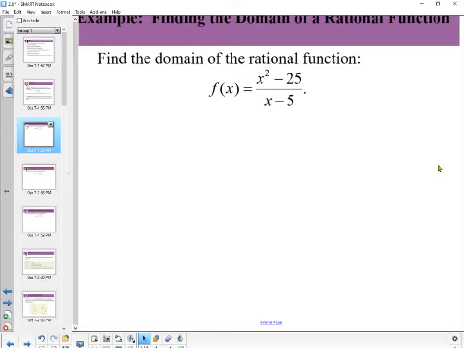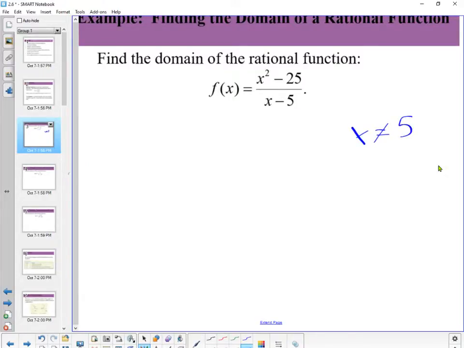So, like I said, we've done this already. We're just revisiting. We're looking at a little bit more. The question is, what is the domain of this thing? Well, obviously, we see that there's a problem here, correct? Where's my problem? The bottom cannot be 0, correct? So that means that x cannot equal 5.